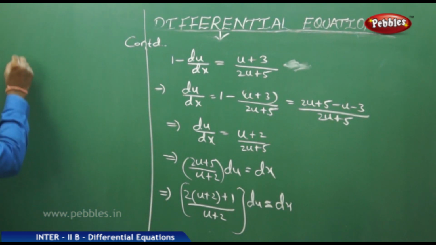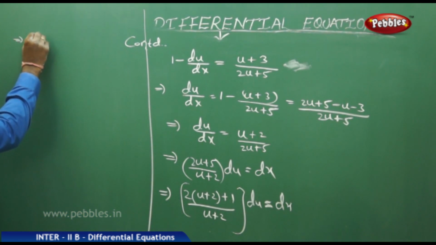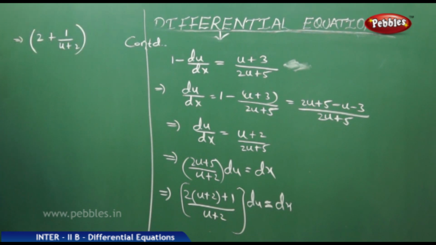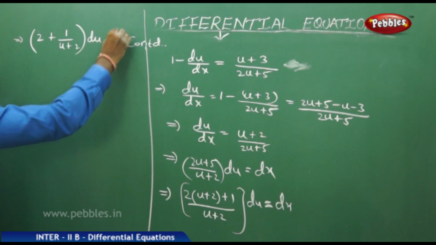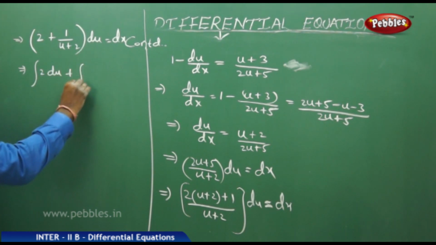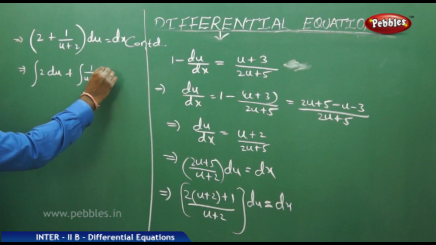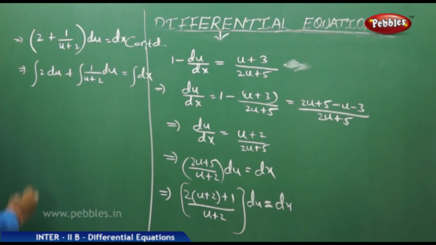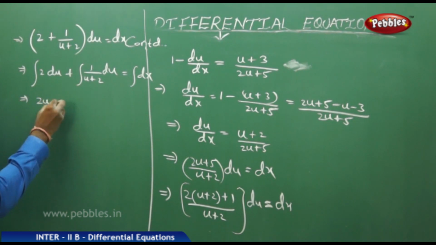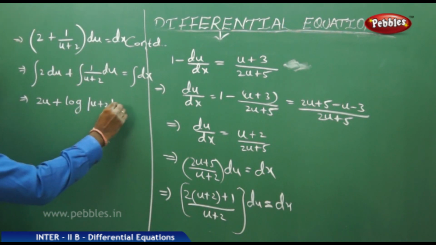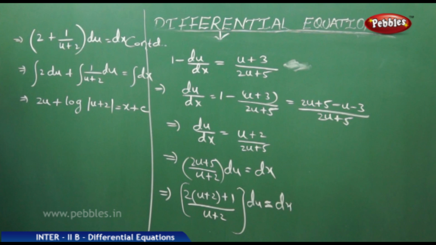Continued from here, I can split this using 2 plus 1 by u plus 2 of du equals dx. Now integrating on both sides, I get integral 2 du plus integral 1 by u plus 2 du equals integral dx. Then integral 2 times du is 2u, plus log mod u plus 2, is x plus c.